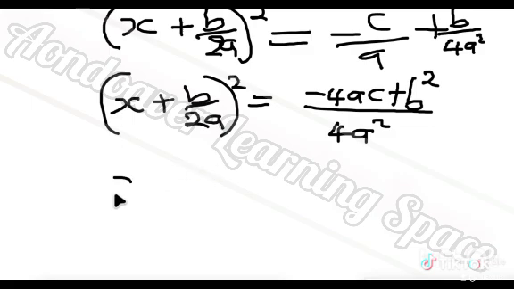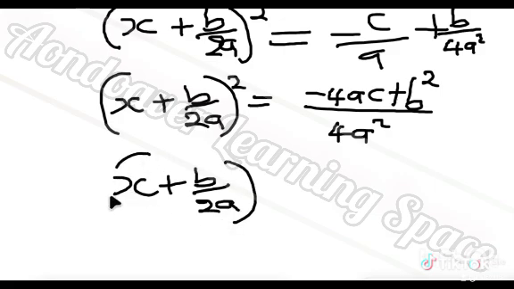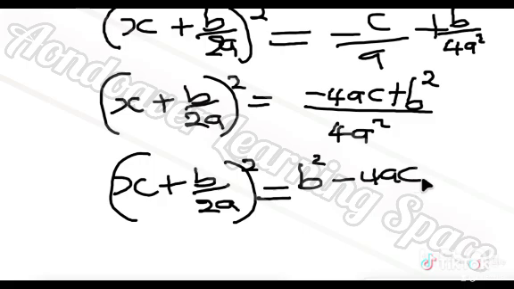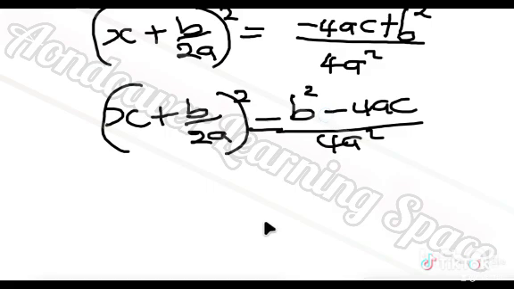So this is x plus b over 2a raised to power 2 equal to, let's rearrange this. So we have b squared minus 4ac over 4a squared. So from here, we take the square root of both sides.